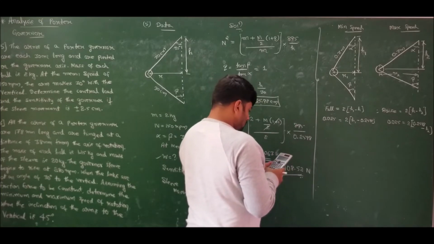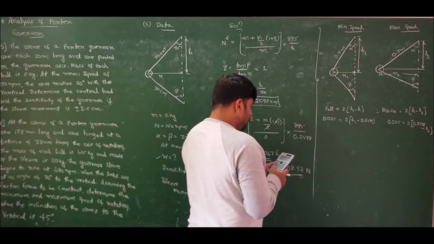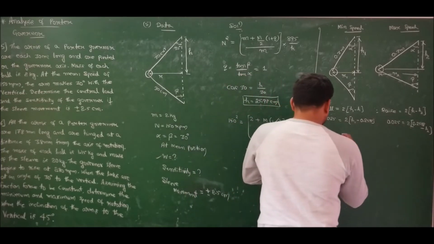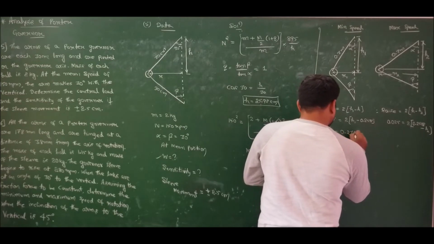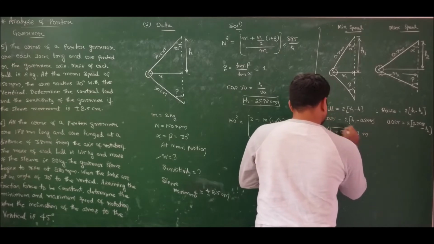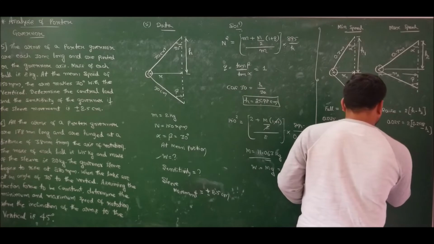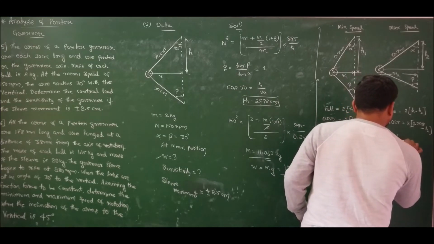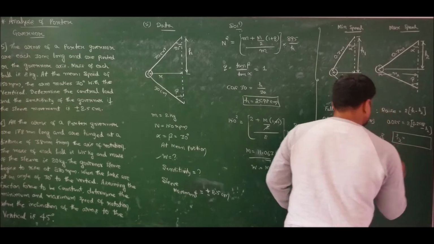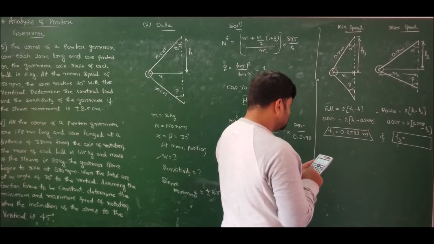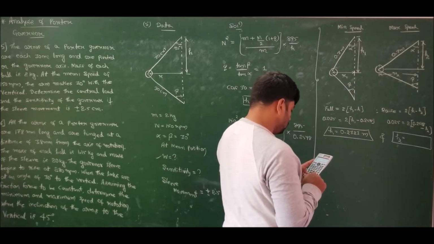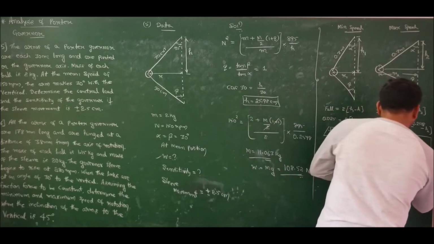How much is h1? 0.025 divided by 2 plus 0.2598, so h1 turns out to be 0.2723 meters. And h2 turns out to be 0.2598 minus 0.025 by 2, which is 0.2473 meters.